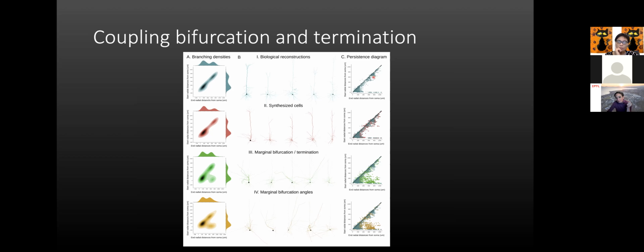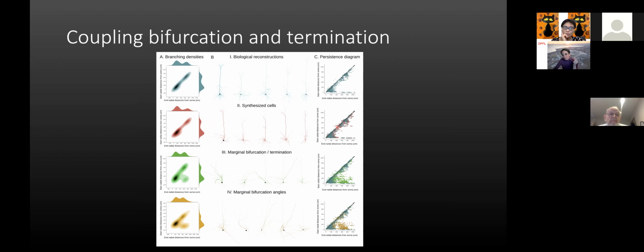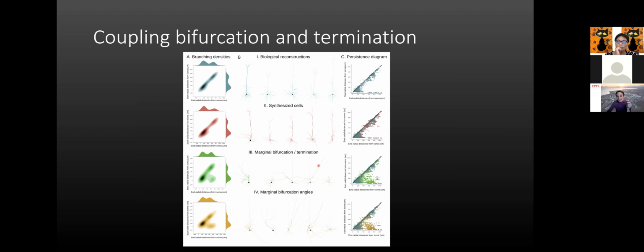We start with the original persistence diagram, and comparing the red points with the blue points, you see that the persistence diagrams match well. If instead we take the bifurcations and terminations as independent probability distributions and sample them independently, it doesn't look nearly as good and the persistence diagrams don't match well at all. So really, the fact that the barcodes enable you to couple these distributions via the topology turns out to give you a better reconstruction, a better way of synthesizing trees that match your original structure.